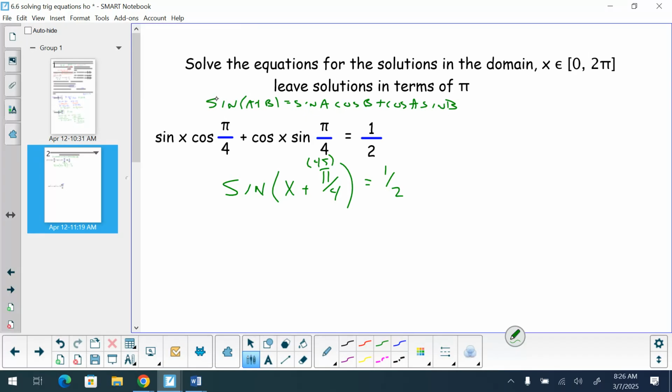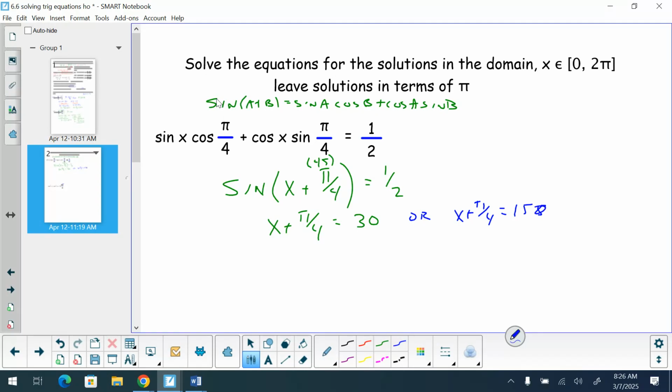Inverse sine of 1/2 comes down to what? 30 degrees. So we have x plus pi over 4 is equal to 30 degrees, or, what we talked about on the previous slide, x plus pi over 4 is equal to 150.